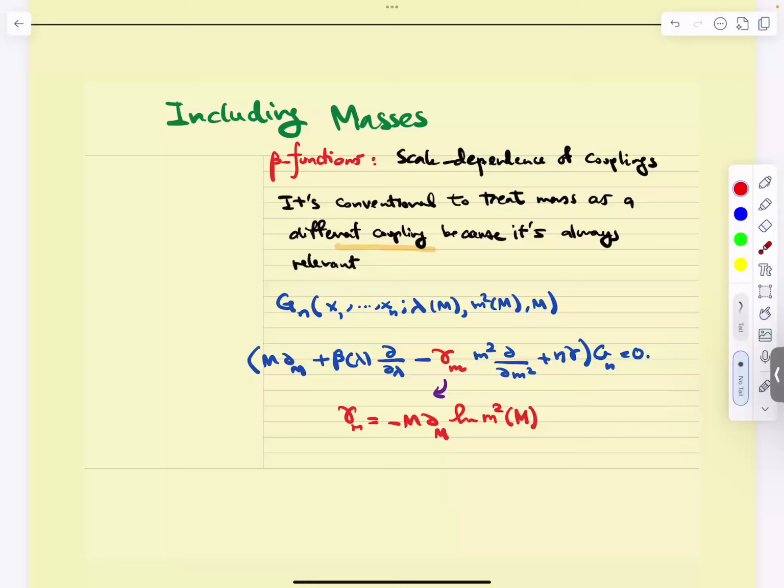What we're going to do today is repeat the same thing. Actually, I'm going through this really fast. We're going to introduce some generic operator. This could be phi squared, phi 4, whatever, and this will be the associated coupling. All I need to keep track of is the dimensionality of these guys, right?